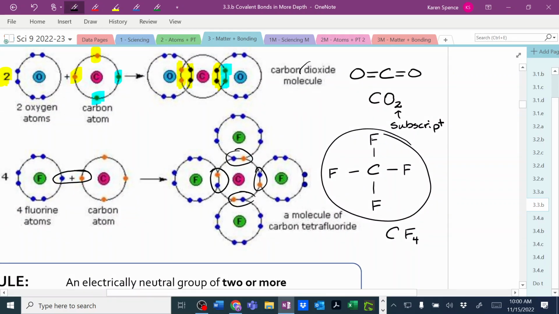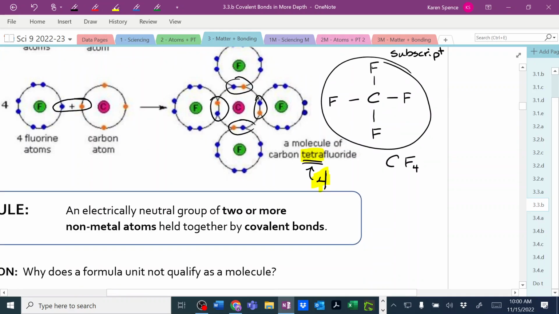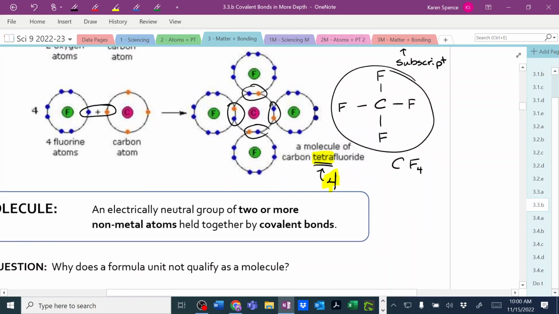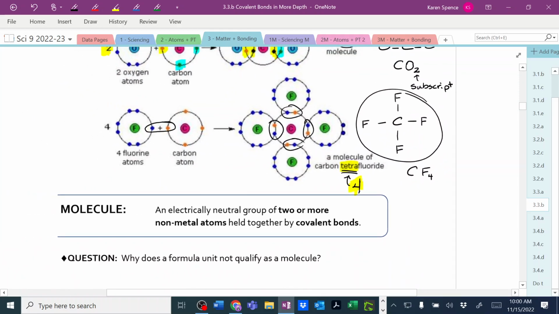And you know how di means 2, so we have carbon dioxide, 2 oxygens. What do you think tetra means? 4. Tetra means 4, so we have carbon tetrafluoride. You're not responsible for knowing these prefixes in this unit, they will be in the next unit.